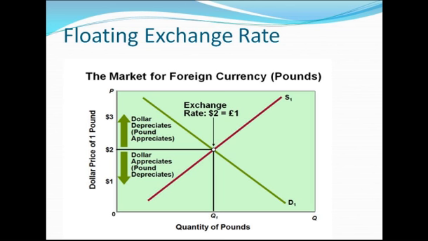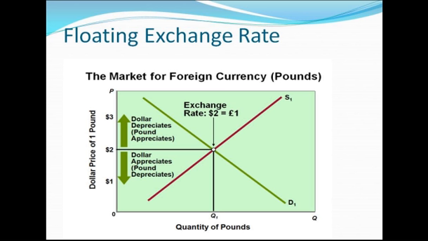The exchange rate will be $2 equal to £1. If the dollar price goes up from 1 British pound to $2, to 1 British pound to $3, that means the US dollar depreciates and the British pound appreciates, and vice versa.